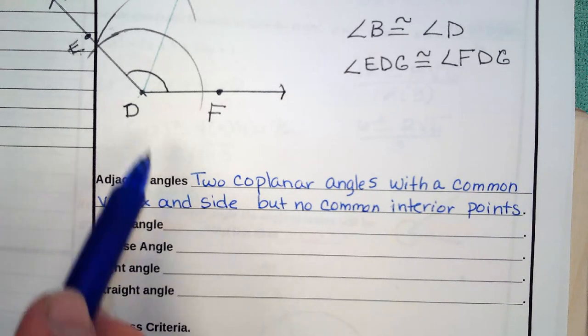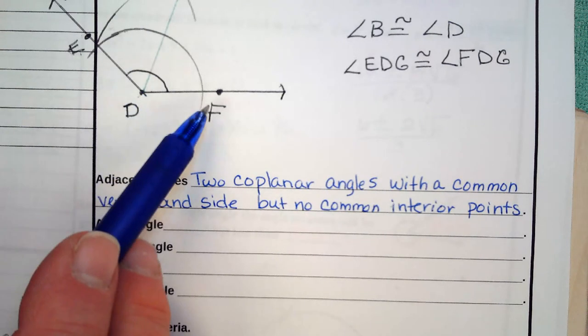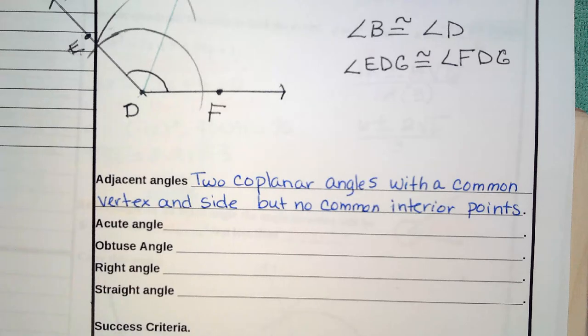So if you're looking at it, these two angles that we have formed by bisecting the bigger one are adjacent angles because they're coplanar angles with a common vertex and a common side, but no common interior points.